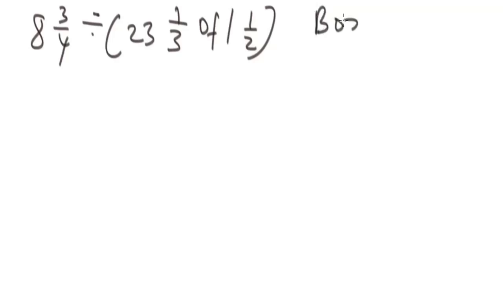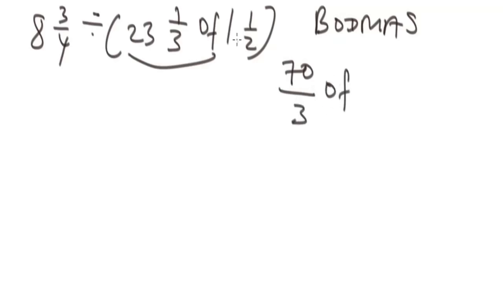We're going to apply BODMAS. So our B concept, which is bracket, let's simplify what we have here. 23 times 3 is going to give us 69 plus 1, that's 70 over 3, of 2 times 1 is 2 plus 1, that's 3 over 2.